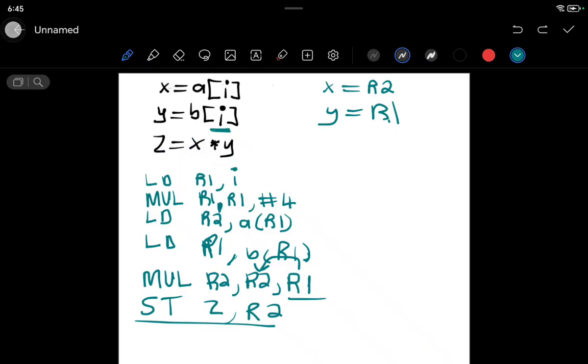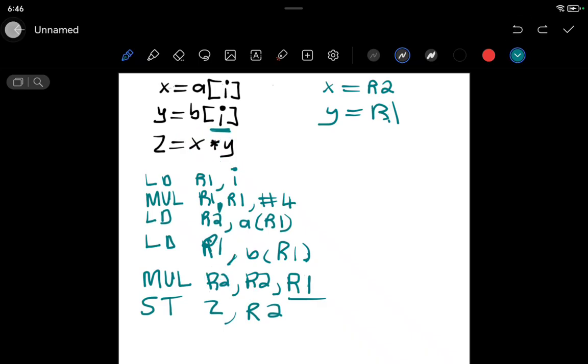Also when it comes to optimizing this code, sometimes it can be tricky. You'll find that sometimes someone decides to store all this into R1. That's still correct. You can store this into any of these. But I'm just doing this because I want us to always get used to storing to the one that comes first. So here we can store into X, we can store into Y. You can store into any of these.